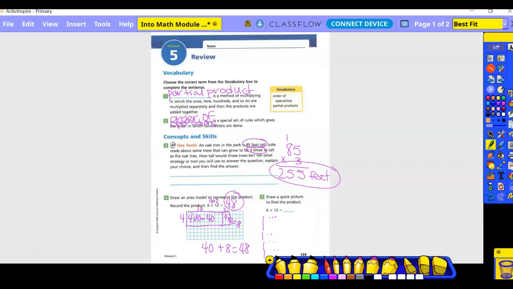Okay, how many do I have to have in a group to regroup? 10. So here in 3, 6, 9, and I need to take 1 more from there, cross it off, draw another long. Can I regroup any more? No. So how many longs do I have? 5 for the 10 spot, and how many small cubes? 2 for the 1 spot.